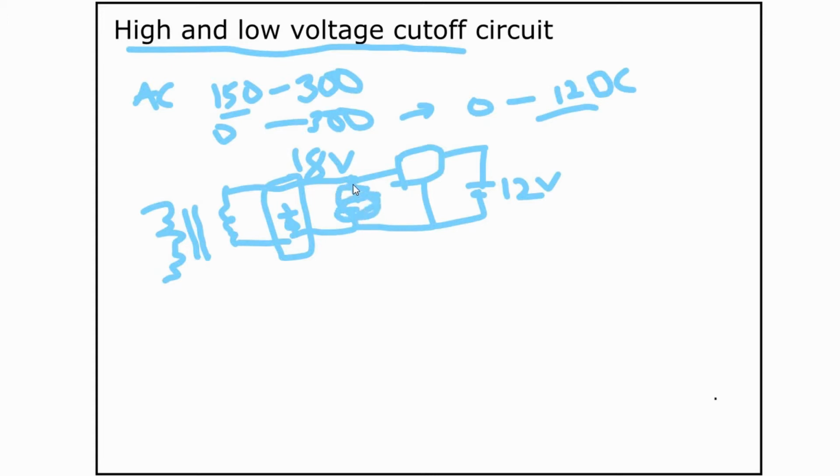Now, because of this big capacitor, it will over-smoothen the DC. What we have to do is decouple this circuit using a diode and take a waveform from here, and then we will use an RC combination.